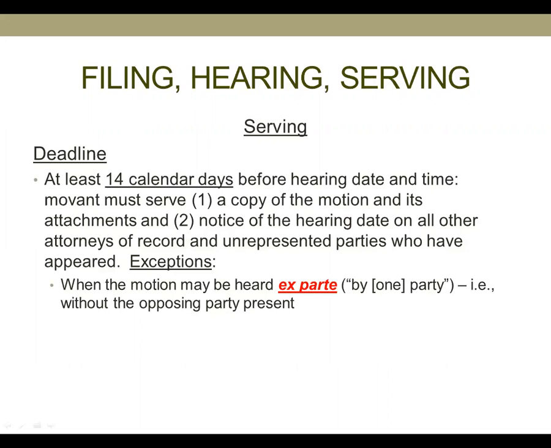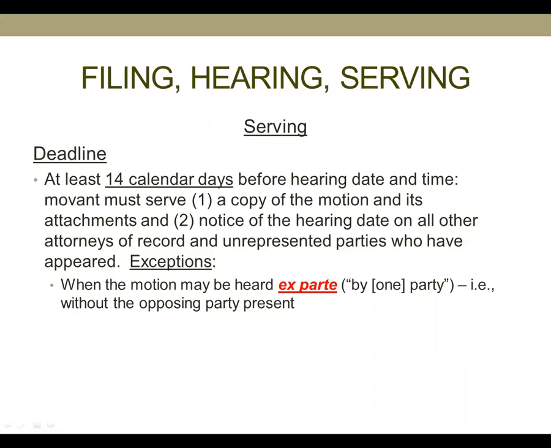Now, there are certain exceptions to this rule, and one is if it's one of those narrow types of motions that can be heard ex parte. That is, when the judge is allowed to consider a particular matter without the other party getting notice of the hearing or being present. This is called an ex parte hearing because it's simply by one party. The other party is not there.